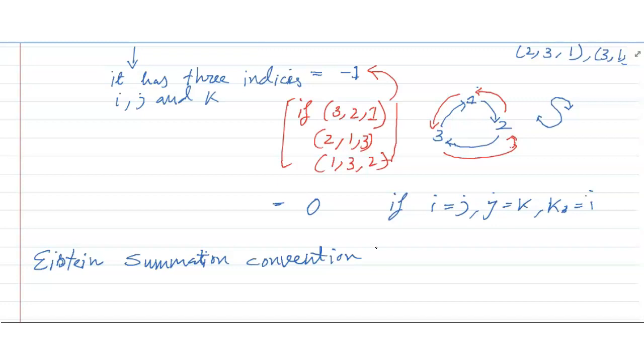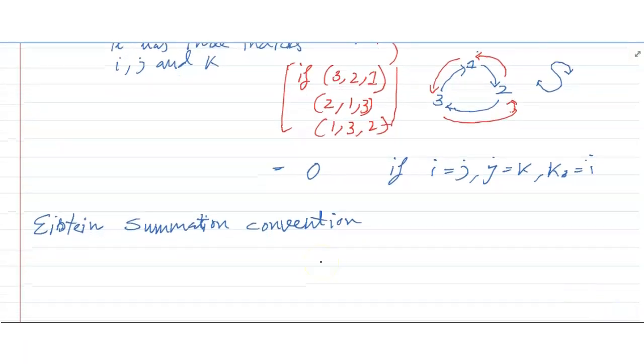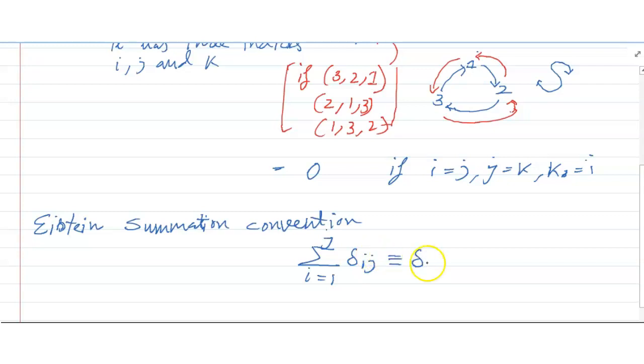So if we want to sum, by the Einstein summation convention, delta ii, the summation from i equals 1 to 3 of delta ii, equals 3.